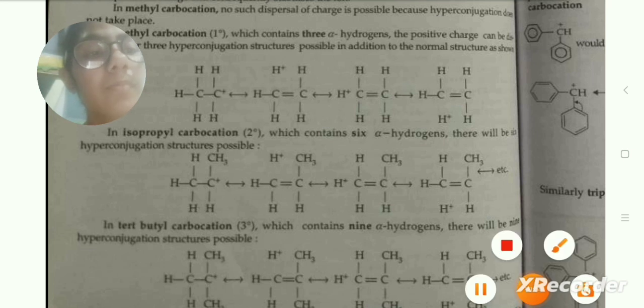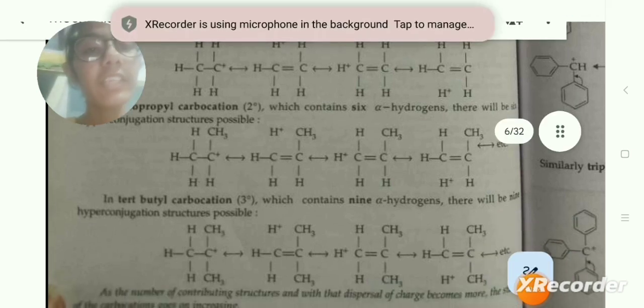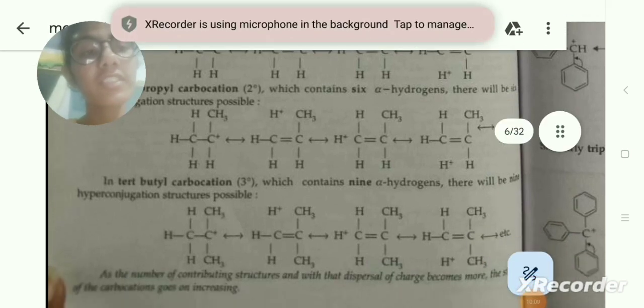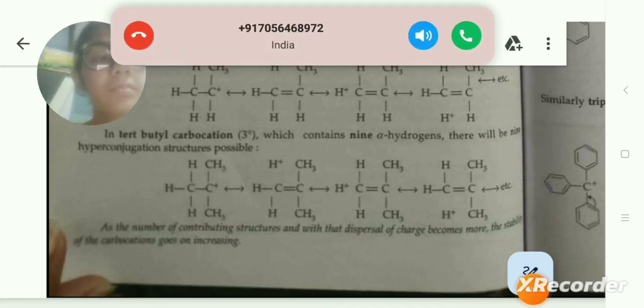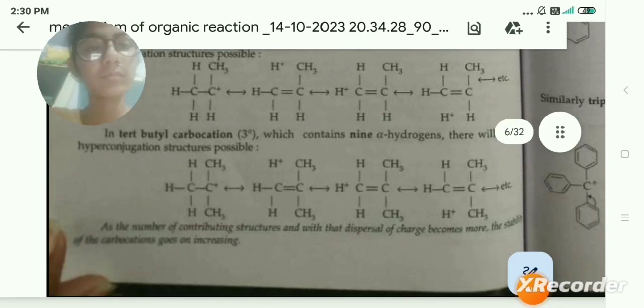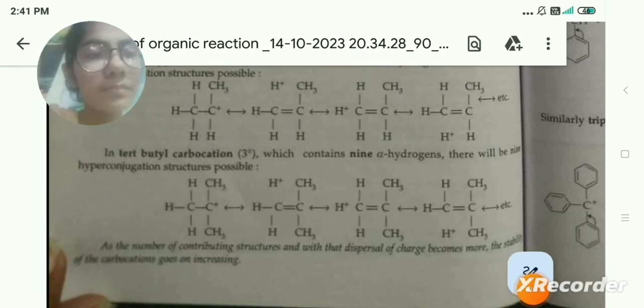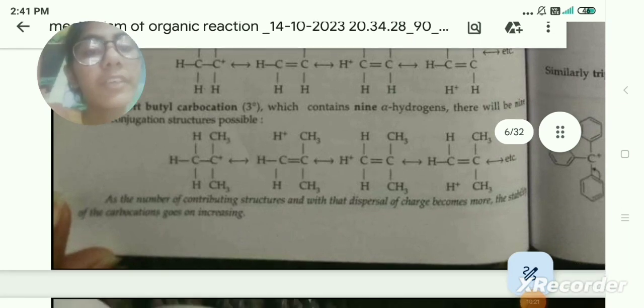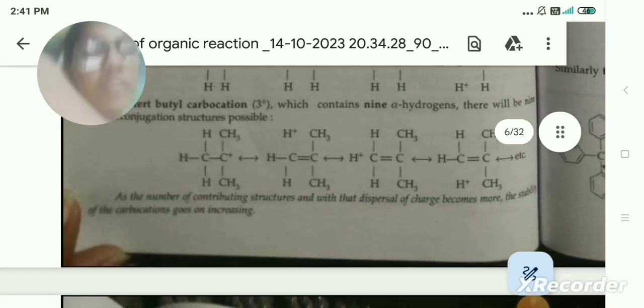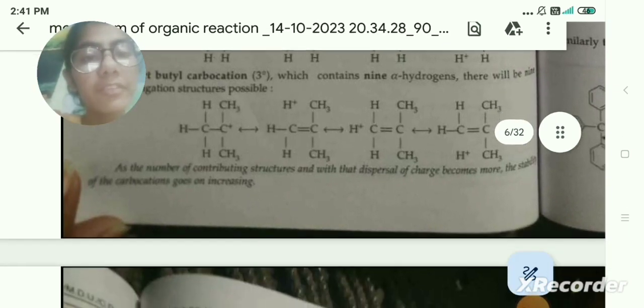In the tertiary butyl carbocation, which contains 9 alpha hydrogens, there will be 9 hyperconjugation structures possible. As the number of contributing structures and the dispersal of charge become greater, the stability of the carbocation increases.